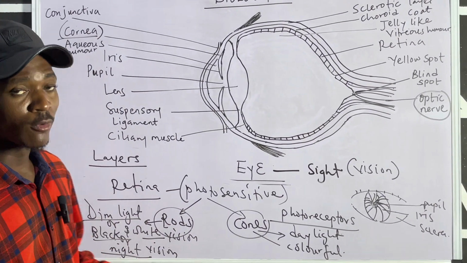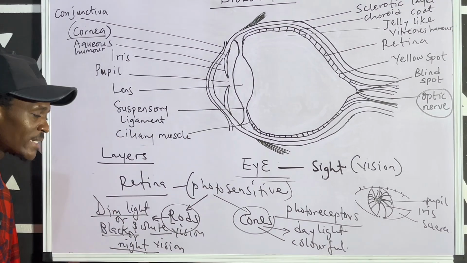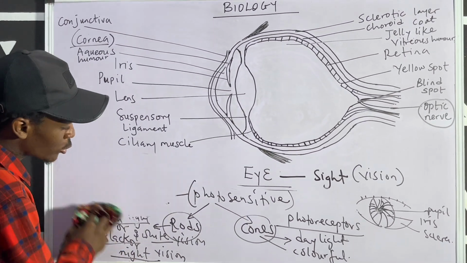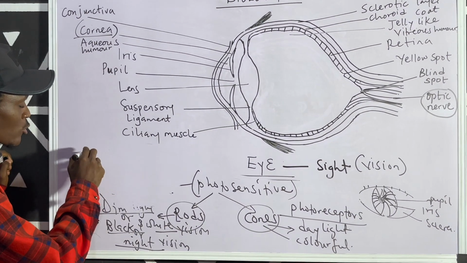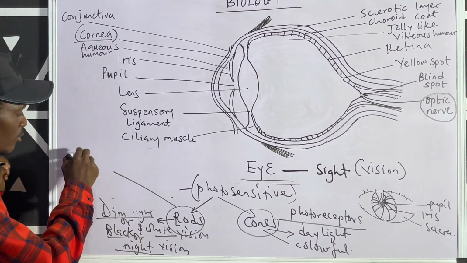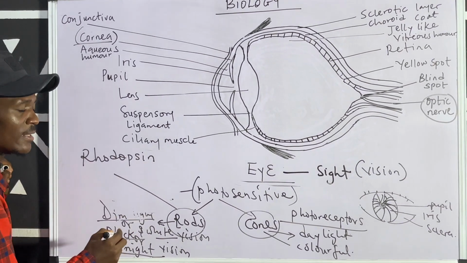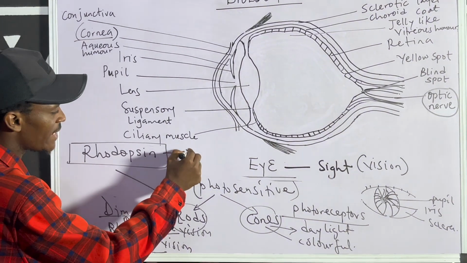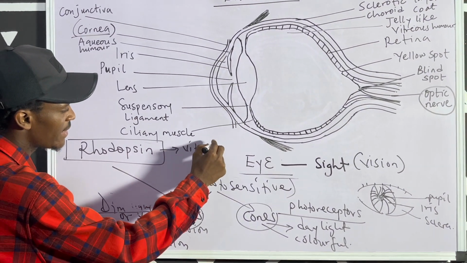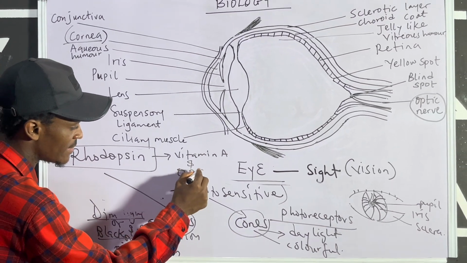And the rods are known to possess or contain a photochemical pigment that is called rhodopsin. Now, this rhodopsin is simply made up of vitamin A and a protein that is called opsin.